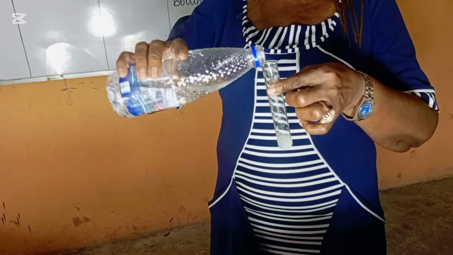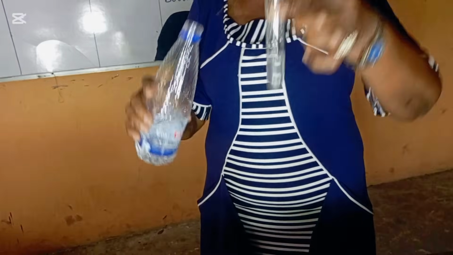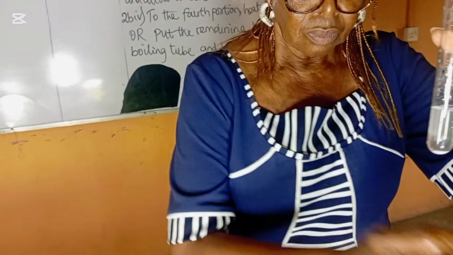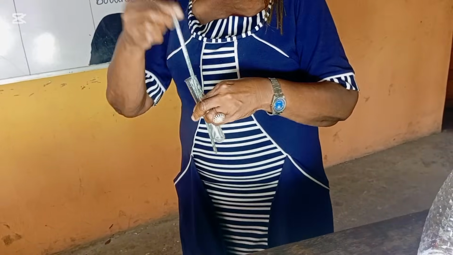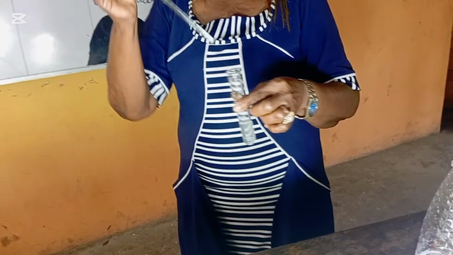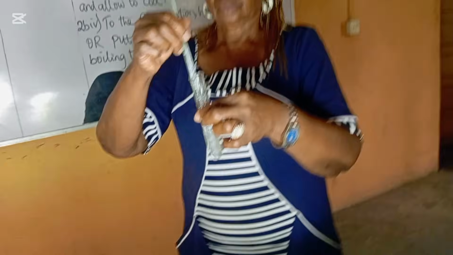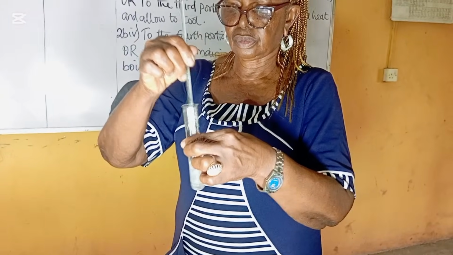You have to estimate 10 cm cube. This is 10 cm cube. You have to check it. If you have a glass rod, you can make use of the glass rod. Make sure it's clean. You stir it. Make sure it dissolves because it's a soluble salt.